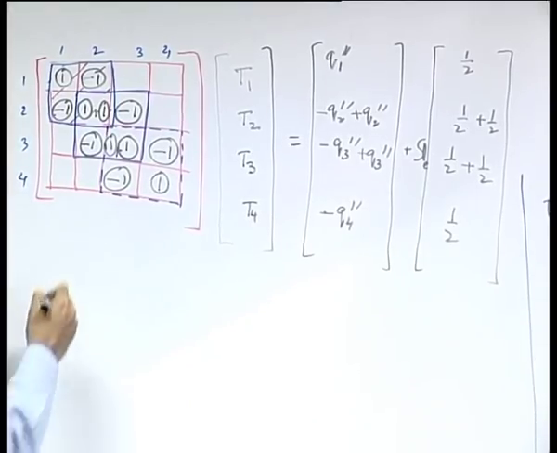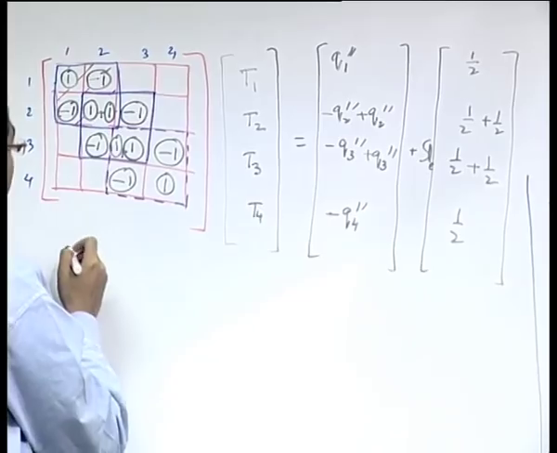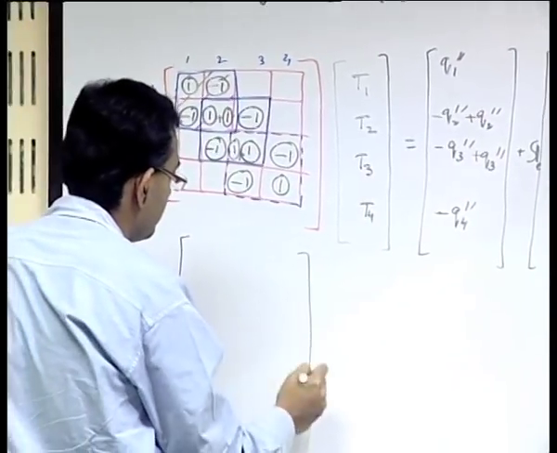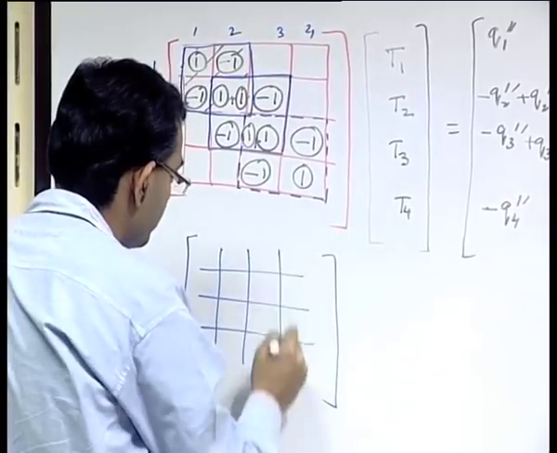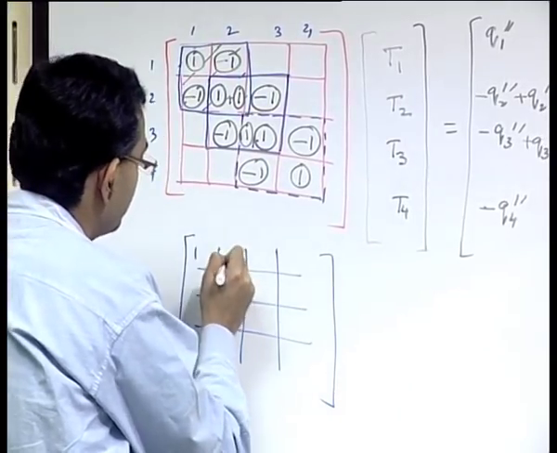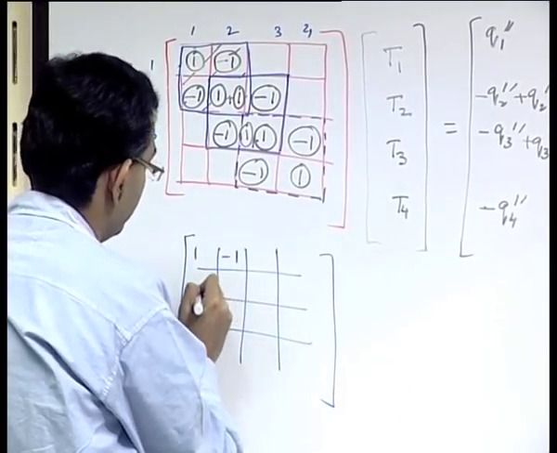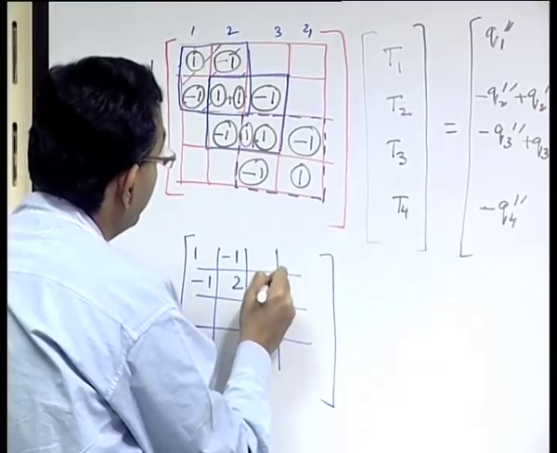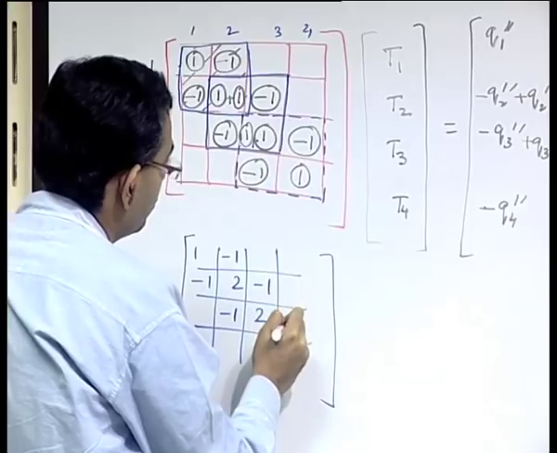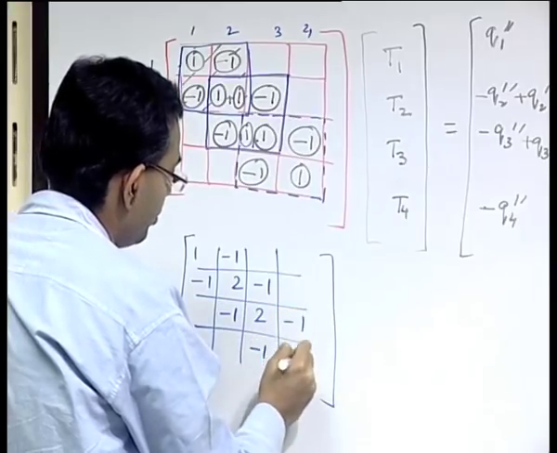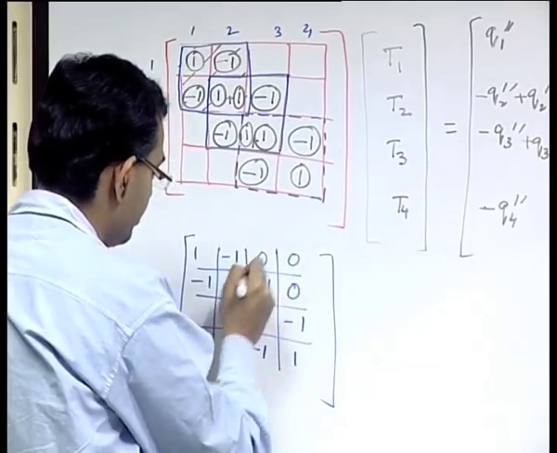So if you assemble this, let us write the final form. So 1 minus 1 minus 1 2 minus 1 minus 1 2 minus 1 minus 1 1, the remaining ones are zeros.